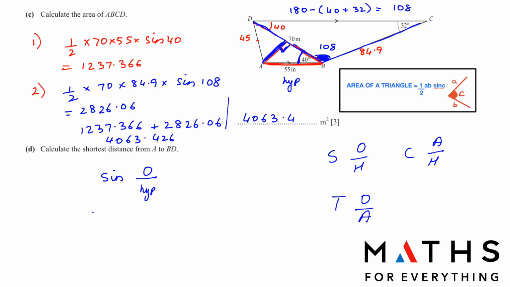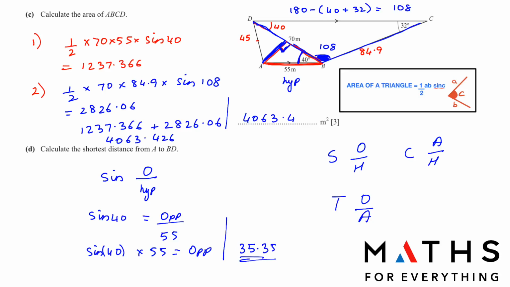Now sine, the angle given to us is 40. Opposite we don't have, hypotenuse is 55. Sine 40 multiplied by 55 will give us the opposite, and that is 35.35. So this is the answer.